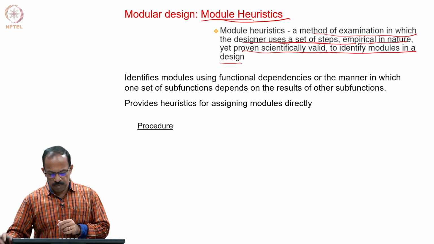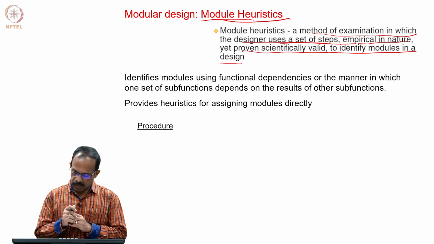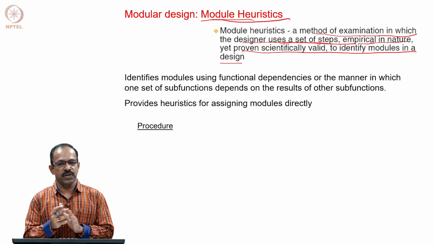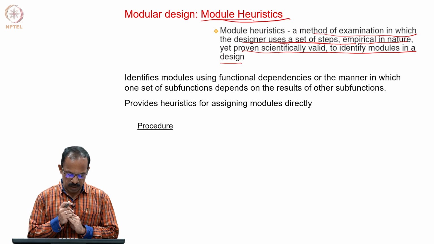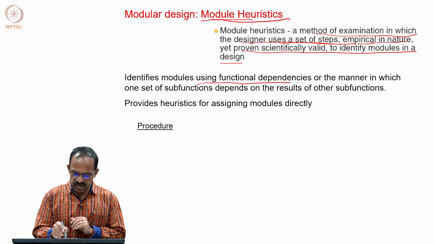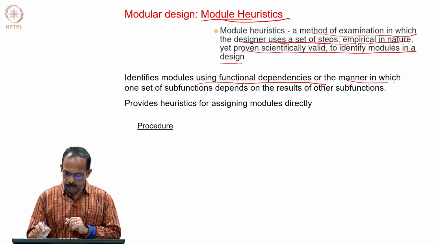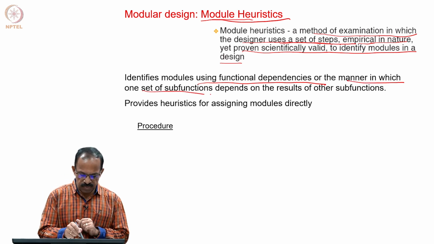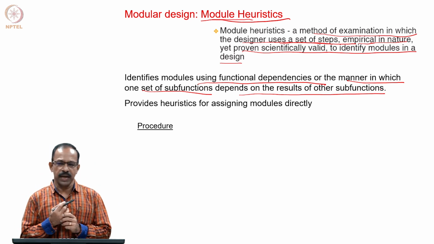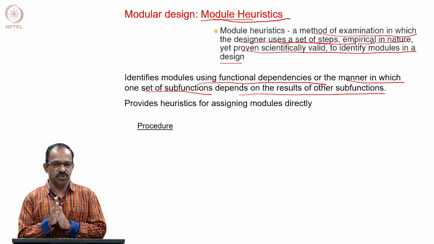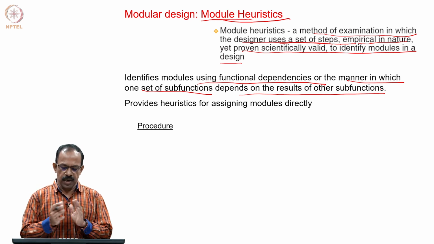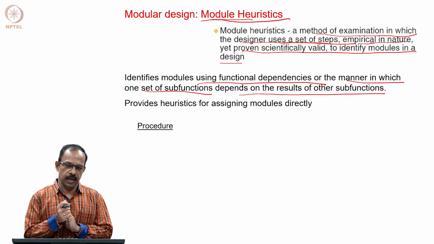And multiple modules can be identified using multiple heuristics. So, we have different heuristics to adopt. So, identify modules using functional dependencies, or the manner in which one set of subfunctions depends on the results of other subfunctions. Okay. So, we look at the functional decomposition again, and then try to identify what kind of functional dependencies exist between different elements.